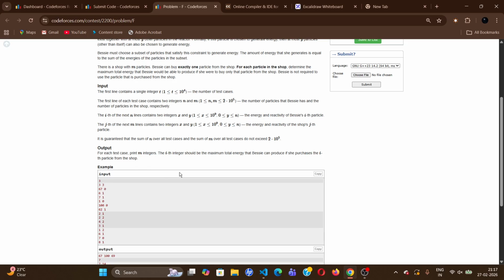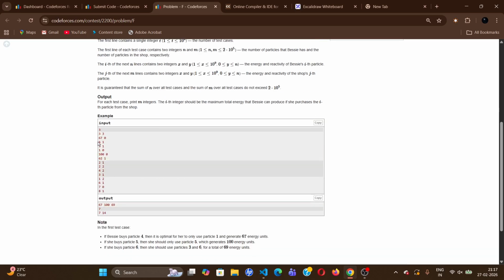Okay, next M lines, the energy and reactivity of the shop's jth particle. Output the maximum total energy that C can produce if he purchases only the ith particle from the shop.